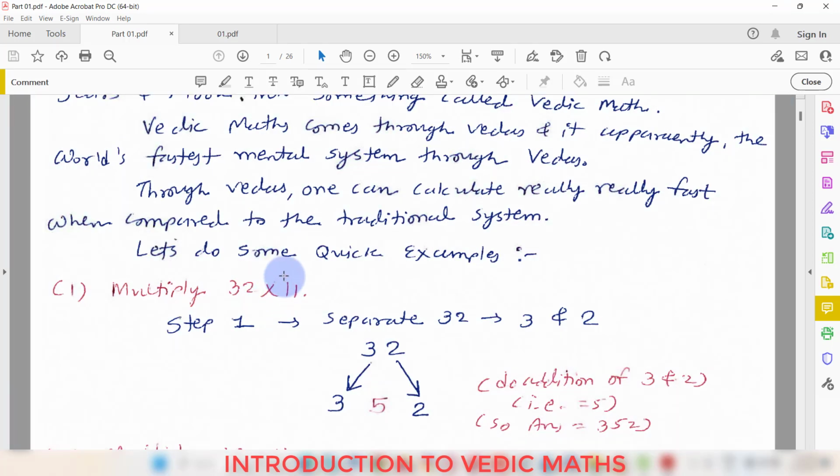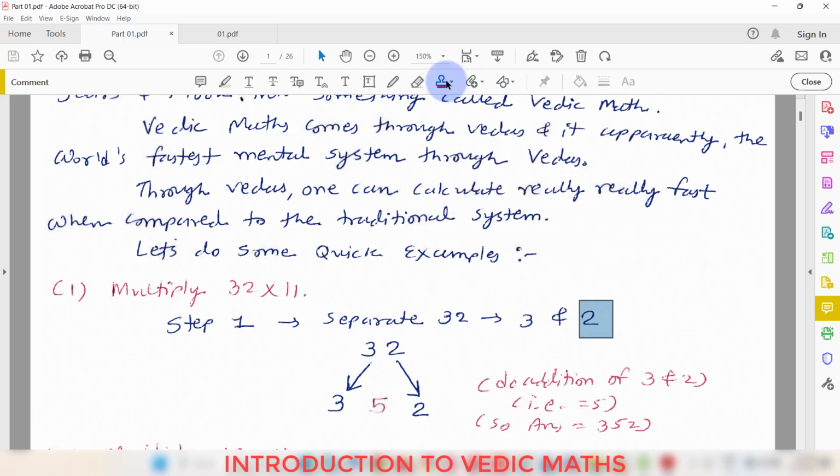Any number you multiply with 11, the technique is that you have to separate that number. The number is 32, so let me separate it: 32 can be separated into 3 and 2.